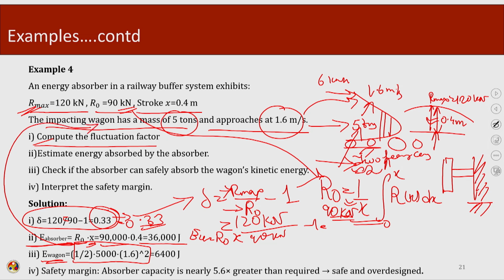The impacting wagon has a mass of 5 ton and it has this velocity, so the energy in the wagon is 6400 joules. So, we have computed the fluctuating factor, that is 0.33, and estimated the energy absorbed by the absorber, which is 36 kilojoule.